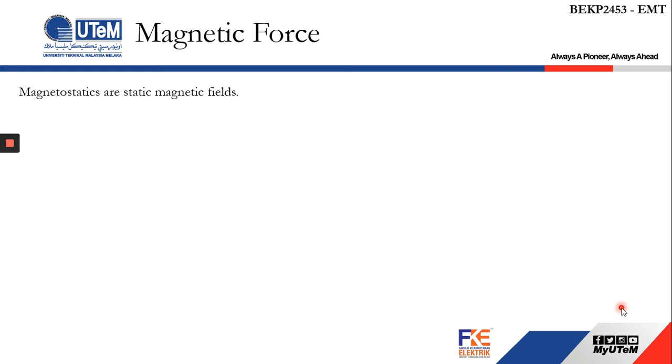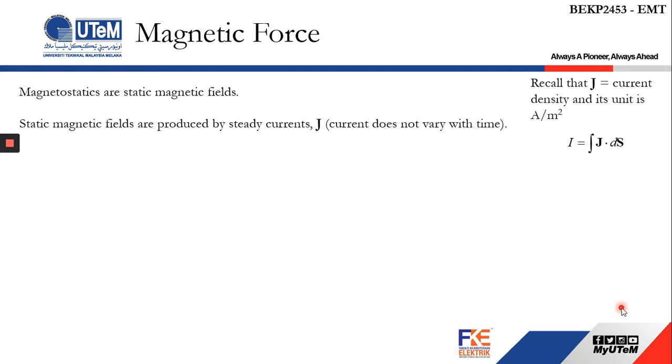So when we talk about magnetic force, we need to first understand the concept of magnetostatics. Magnetostatics are static magnetic fields, produced by steady currents, and we have the symbol here, J. We have already learned about J previously, where J is called the current density, and the unit is ampere per meter squared.